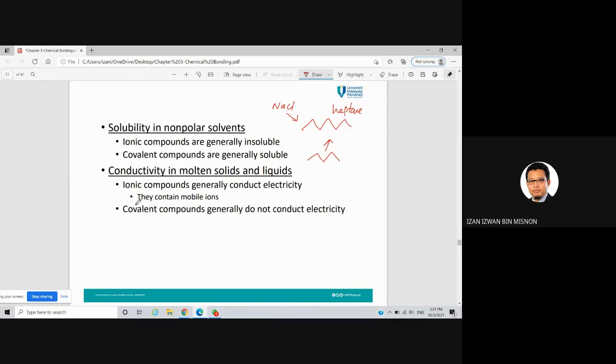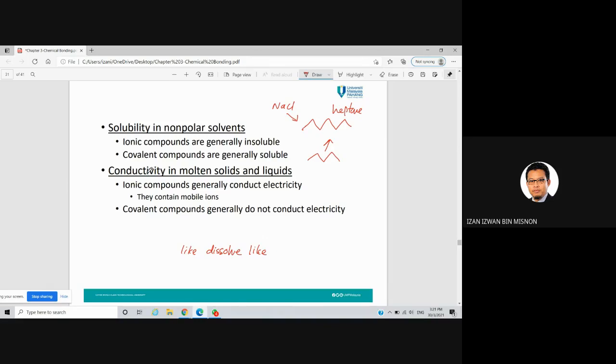So it is a general rule of like dissolves like. A polar component will dissolve in a polar molecule, and a non-polar component will dissolve in a non-polar molecule.